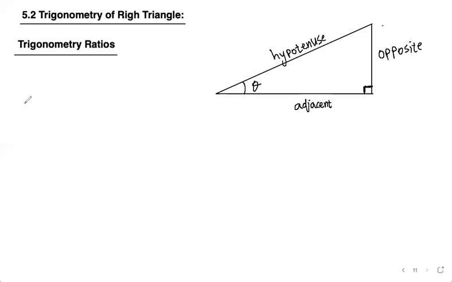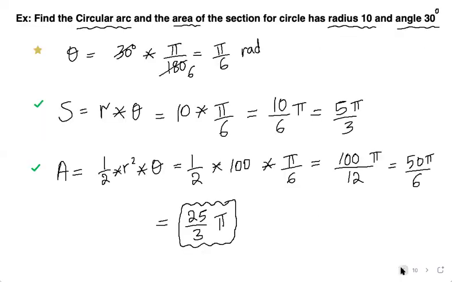Okay, now I can define 6 trigonometric ratios. The first one is the sine function, sine of theta. What is the sine of theta? Have you heard about these things? Can you give me the definition, the formula for the sine by using this triangle? Jennifer, here you go.